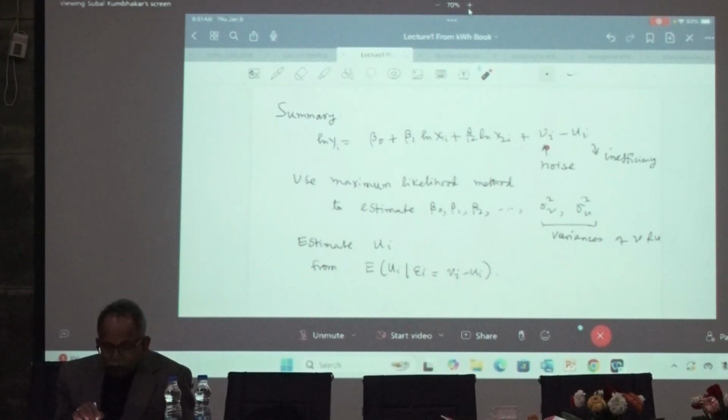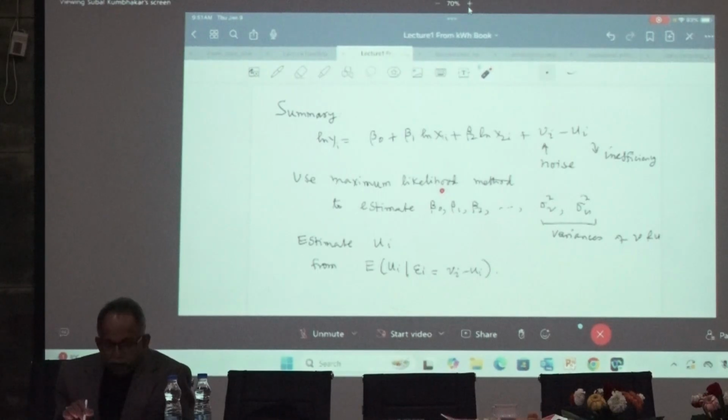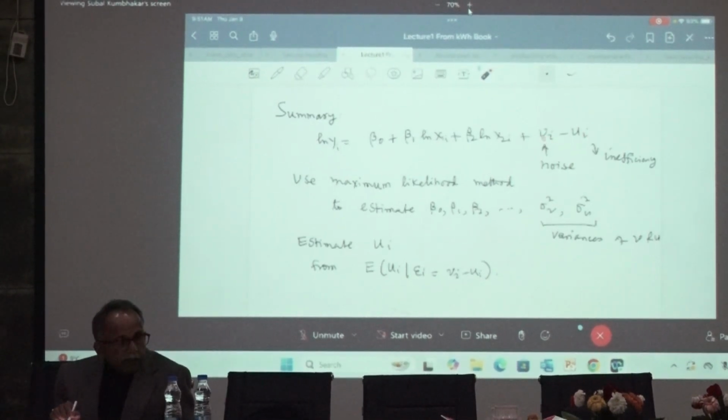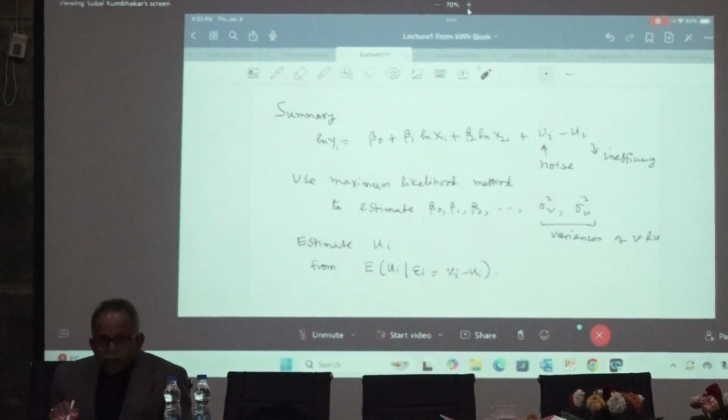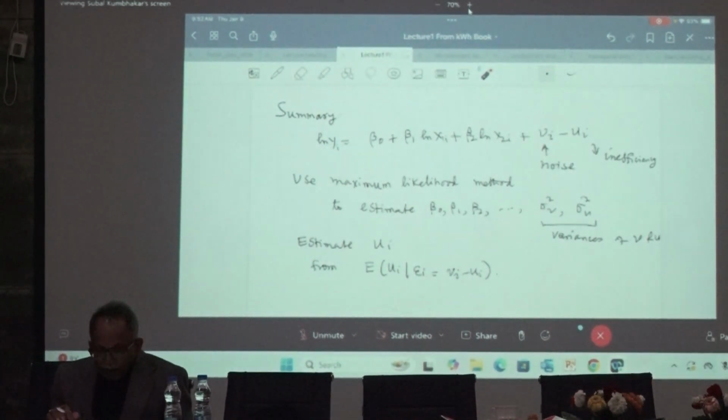Okay. Again, we didn't go through the details because of the technicality, but you can estimate the model using the maximum likelihood method, and this will depend on the distribution assumptions on V and U. You can assume V to be normal and U half normal, or some other distributions. I hope that when we get to the lab part of this, you'll be able to see how this model can be estimated using different assumptions on the V and U terms.